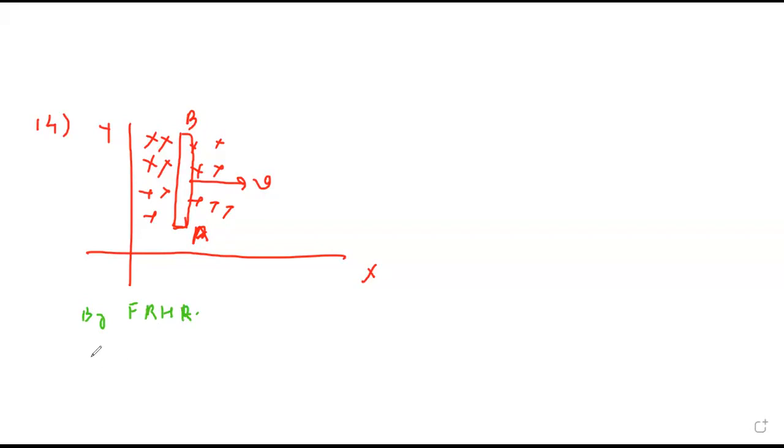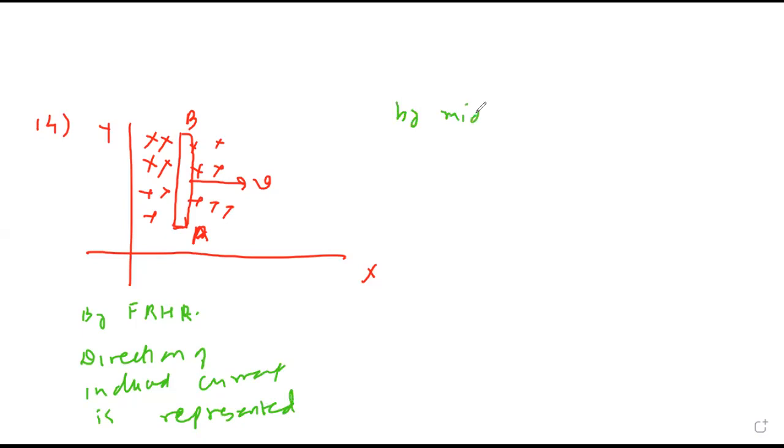Tell me how to get direction of induced current. It's represented by middle finger. So index finger inward, thumb to the right, middle finger is going up.